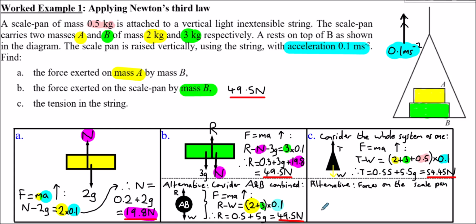So again, just considering this scale pan like so, it's got a tension on it going upwards. As well, on this scale pan though, it's got its own weight, so going down on the scale pan is its weight, which is 0.5 G.